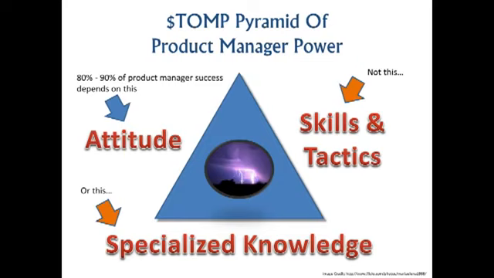So making sure that you have a positive attitude, that you think and believe that you are a good product manager and that your product is a good product and that it will make your customers' lives better when they use it, is the number one thing that you can do as a product manager in order to both make yourself successful and make your product successful.